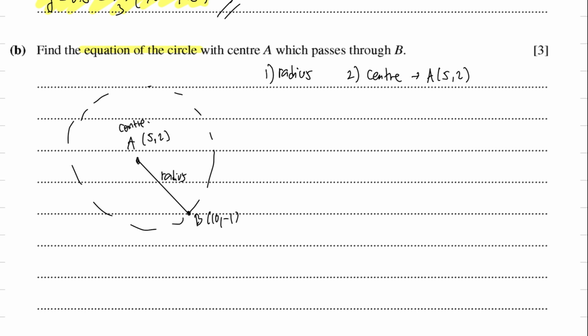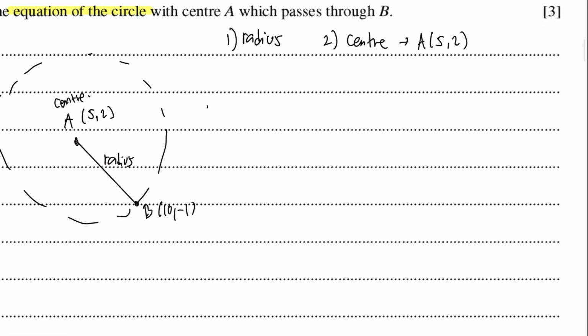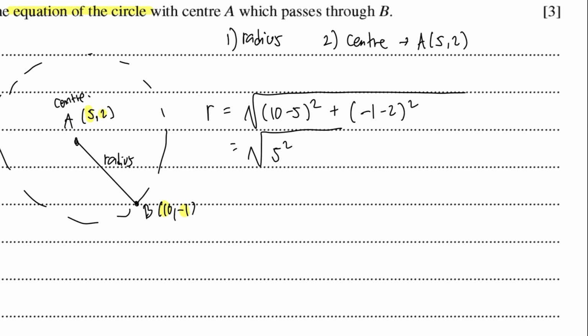The radius is the distance from A to B. So the radius equals the square root of, we subtract x1 from x2, so (10 - 5) squared, plus (-1 - 2) squared. So from here, we get 5 squared plus 3 squared, and then we will get the square root of 25 plus 9, or the square root of 34.